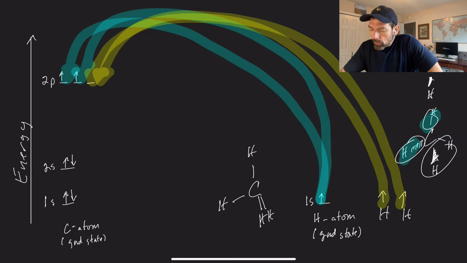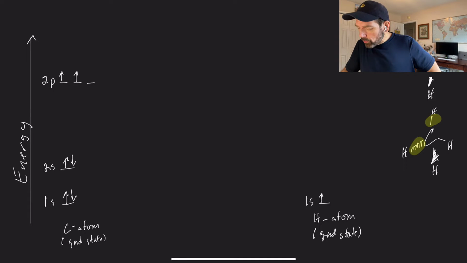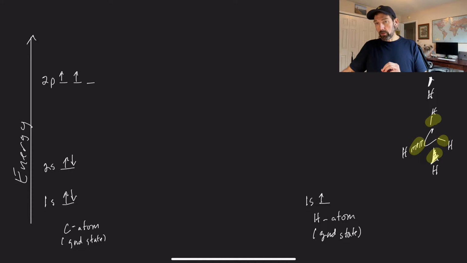So let me go ahead and clear this board here. All right, so we're back to where we were. If some hybridization were to occur, some shifting of the electron density in various regions, then we need 1, 2, 3, 4 regions of space where pairs of electrons can be, either a bonding pair, or bonding domain, or a lone pair, a non-bonding domain.